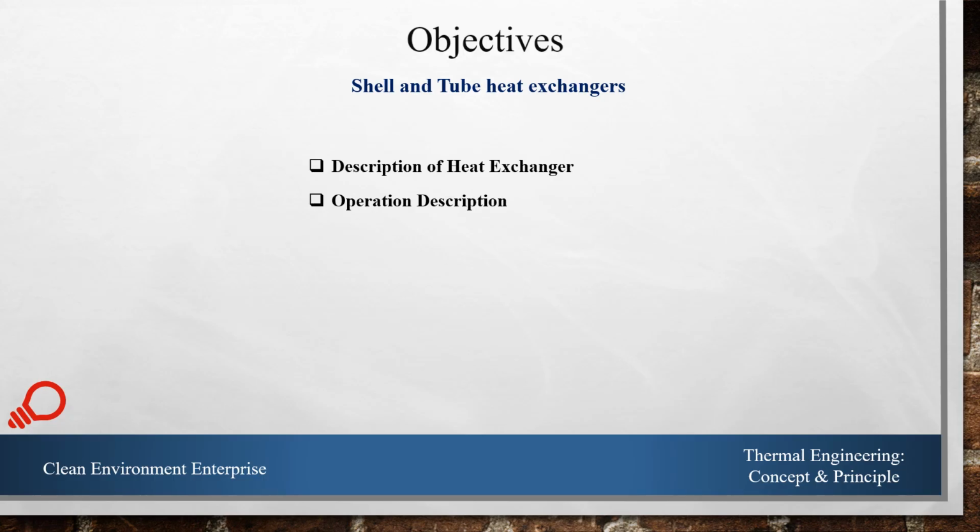Then we will go through the operation description and how these heat exchangers work, and then we will introduce some of the operational problems in the industrial field for these heat exchangers, and finally we will reach the closure of the present episode.